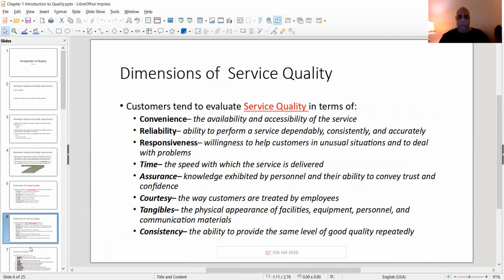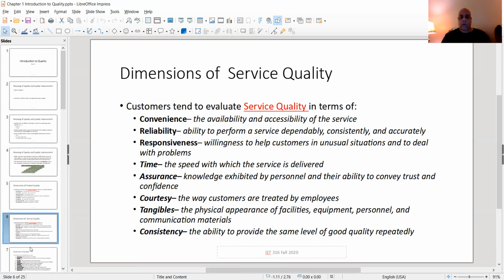Responsiveness, willingness to help customers in unusual situations and to deal with problems. We deal with time, which is the speed with which the service is delivered. Assurance, having the knowledge exhibited by personnel and their ability to convey trust and confidence. Courtesy, the way customers are treated by employees.